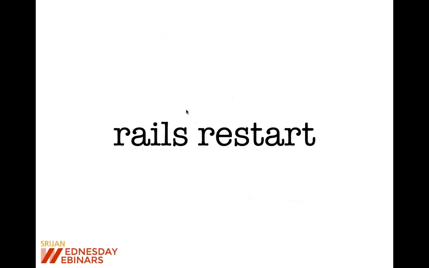The other new feature that was added was the ability to restart the Rails server in development. So many times you change some initializer code, and you have to restart the server manually, right? It takes a few commands, but still you have to do that manually. So Rails 5 will introduce a command called rails restart, and if you run that in your console, it will restart the web server.